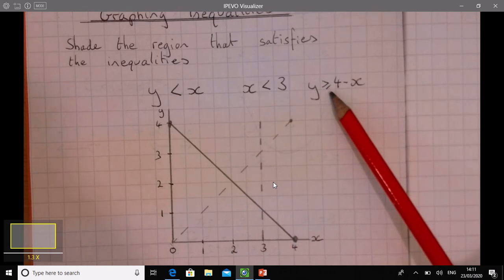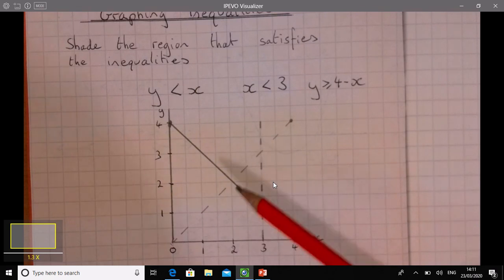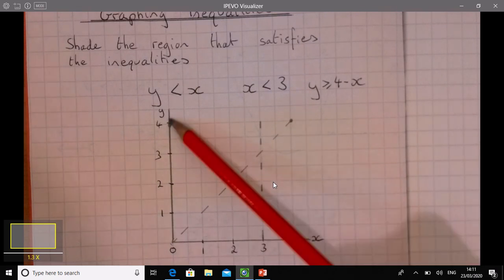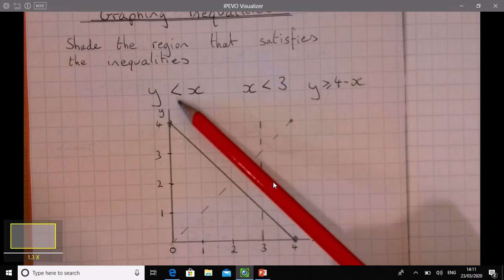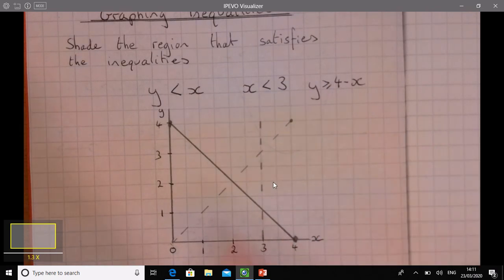The difference is that it includes it. If you remember when we talked about number lines, we shade it in. So here it's a continuous line. And on these ones, it doesn't include it, so therefore we just do them as a dash line.